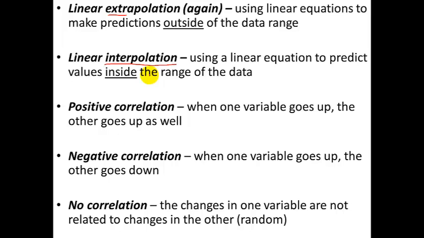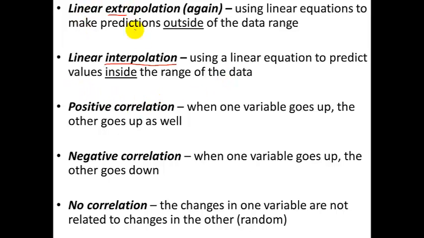You might be wondering, why do I have to interpolate inside the range of my data? That's because you haven't maybe taken a data point at every possible value. Maybe you take data points at 1, 3, 5, 7, and 9. So interpolation would be figuring out what happens at 2, 4, 6, or 8. And extrapolation would be what happens before 1 and what happens after 9. We'll look at some graphs on the next slide, which will help make this more clear as well.